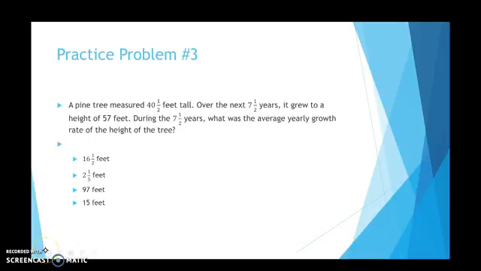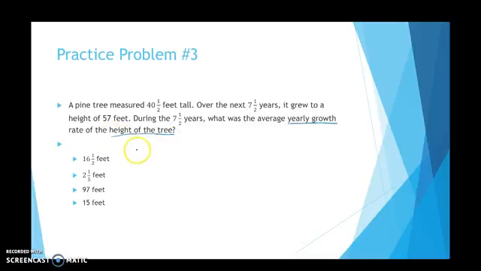All right. Next one. So a pine tree measured 40.5 feet tall. Over the next 7.5 years, it grew to a height of 57 feet. During the 7.5 years, what was the yearly growth in the height of the tree?